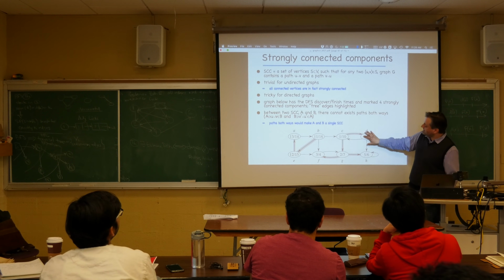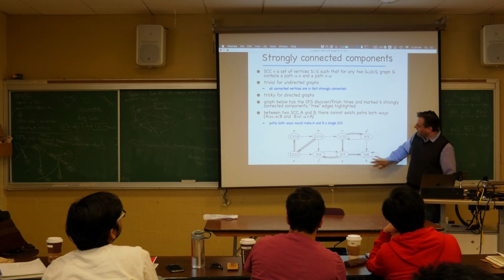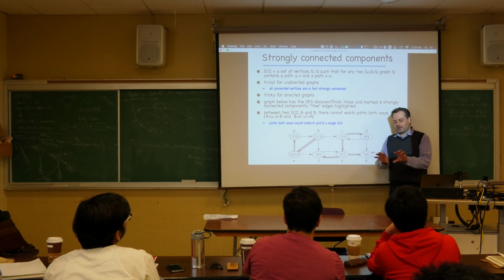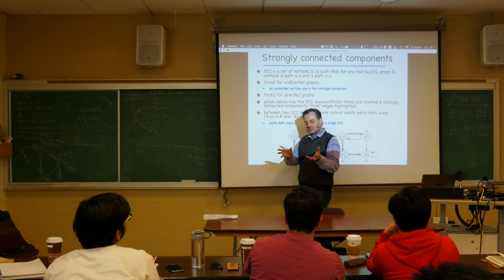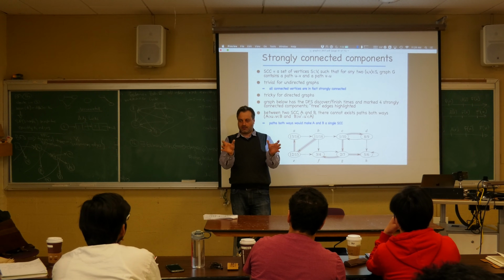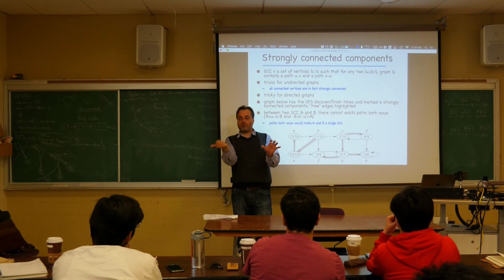If this would be the same with D or the same with C, there's no way from here to reach anywhere other than H. So what's the property between two strongly connected components? If I reach from one to the other, can I reach from this one back to that one?